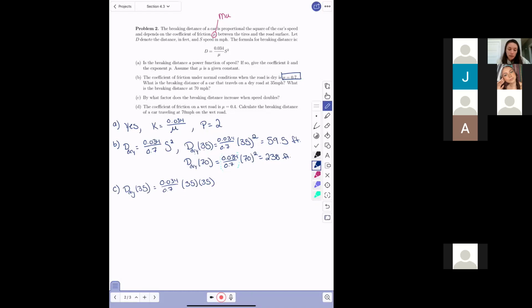Now we want to know how much the braking distance increased when the speed doubled. So let's try it with 70, right? 70 is double 35. So let's do d dry of 70 is equal to 0.034 over 0.7 times 70 times 70. But I just said that 2 times 35 is 70. So let's just rewrite it. So we have 0.034 over 0.7 times 2 times 35 times 2 times 35. Do you guys agree with me?